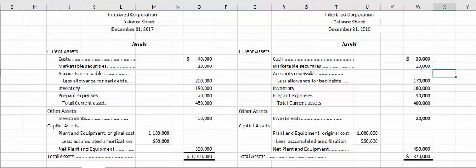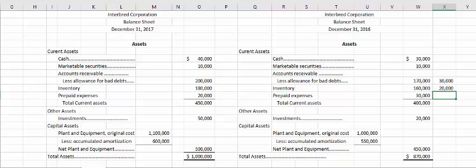So if we look at our accounts receivable, we see that it's increased by $30,000. And if we look at our inventory, we see that it's increased by $20,000. Both of those things are increases in assets, and we need to pay for that somehow. So we've spent $50,000 more on assets.